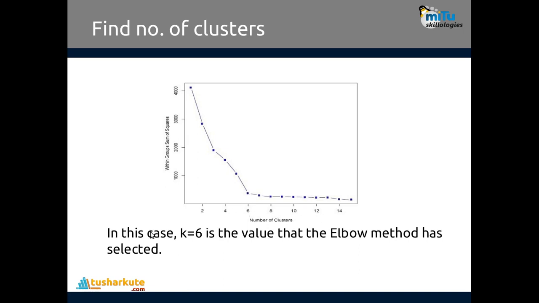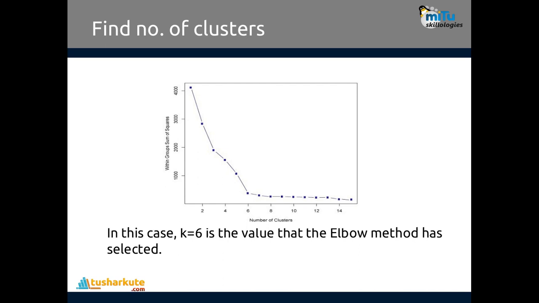In this case k equal to 6 is the value the elbow method has selected. From this point the rate of decrease of SSE reduced drastically, creating an elbow effect in the plot of SSE against the number of clusters.